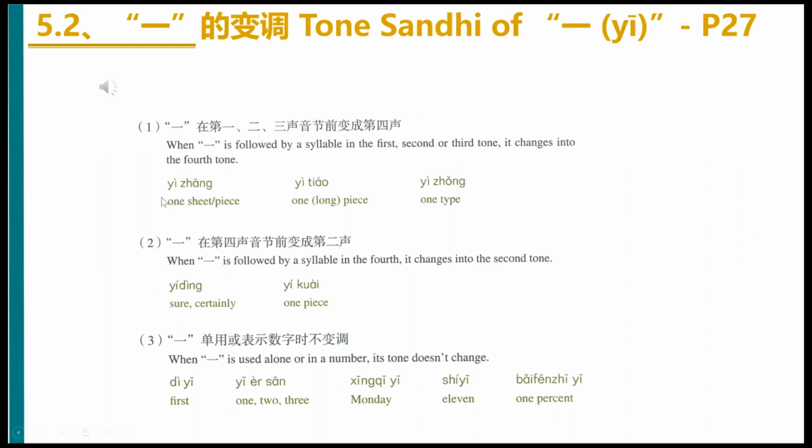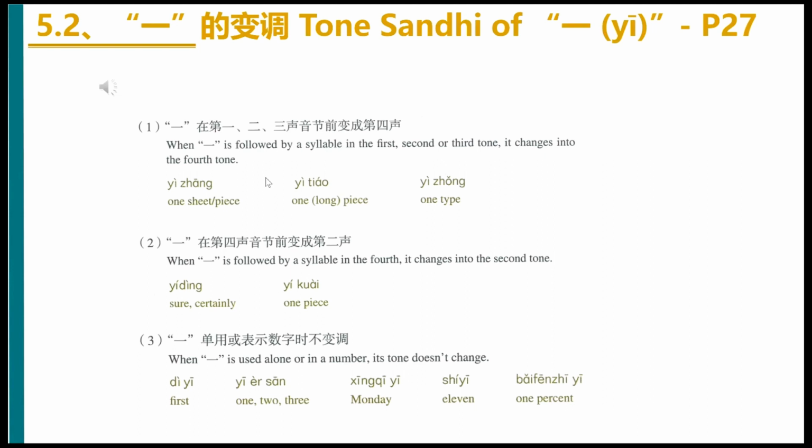For example, the original sound of the first word should be yī zhāng, right? But the second character is using the first tone, so this word should be yì zhāng.